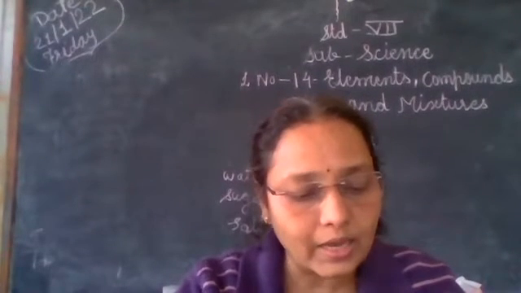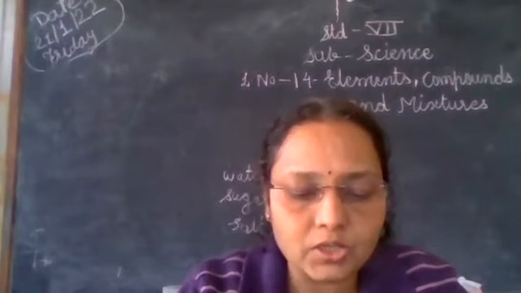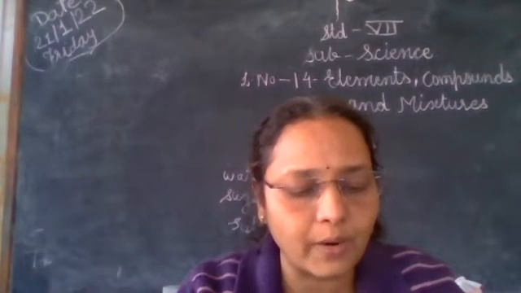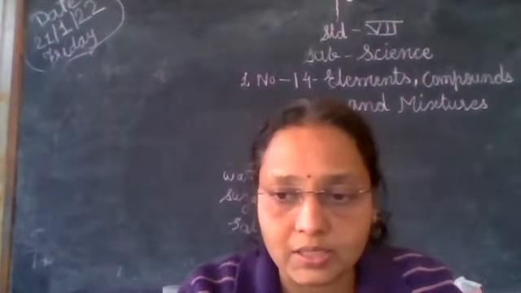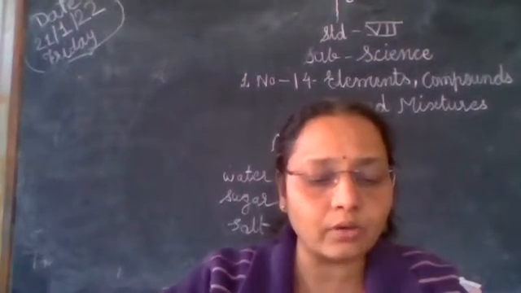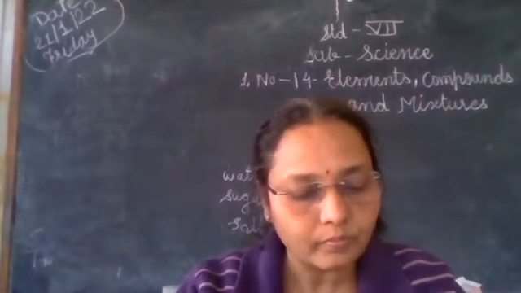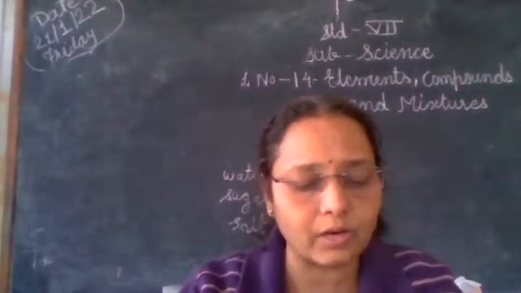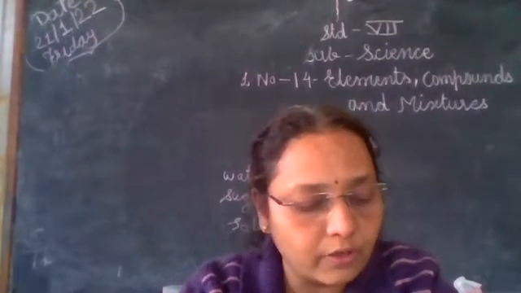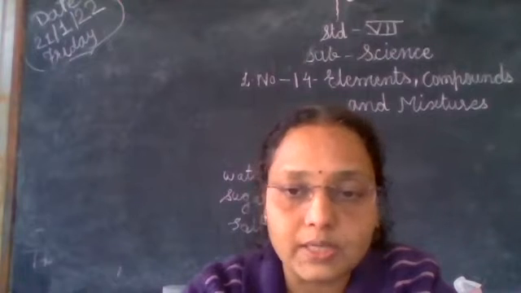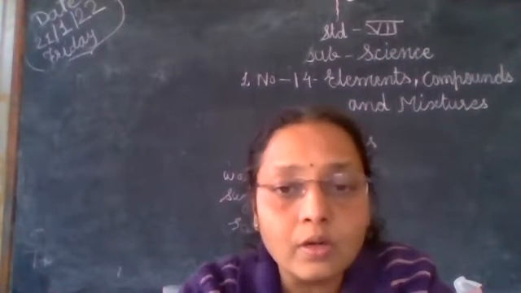Understood? Like an element, a compound is also written in an abridged form. A molecule of a compound is formed by the chemical combination of atoms of two or more elements. Therefore, a molecular formula is used to represent the compound. A molecular formula of a compound is a short form of its name written with the help of the symbols of the constituent elements and the number of their respective atoms.